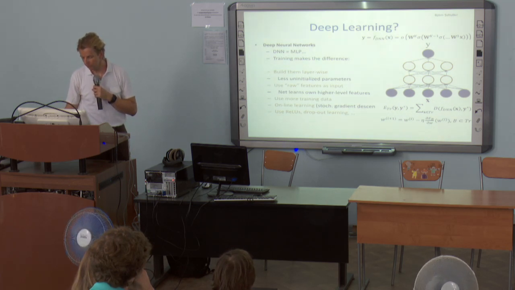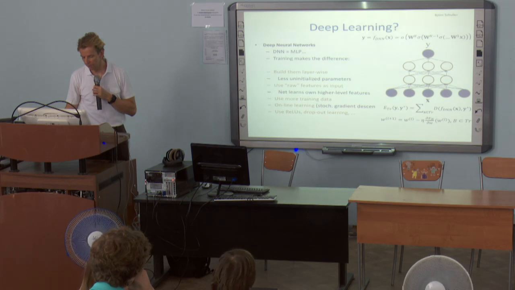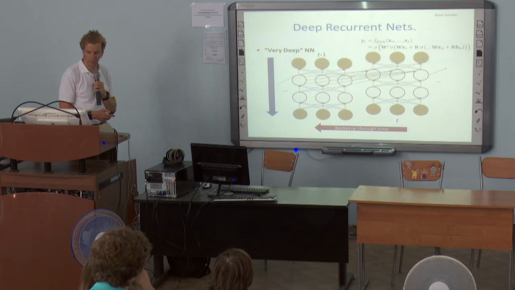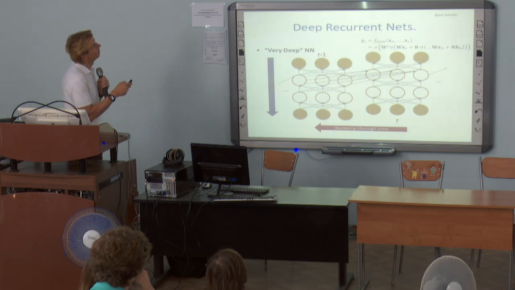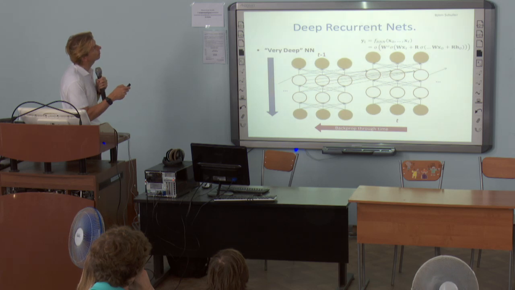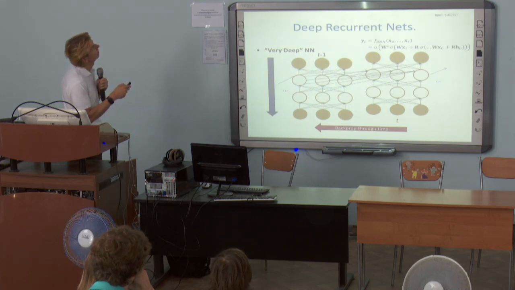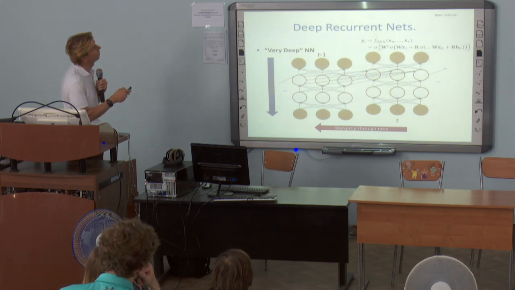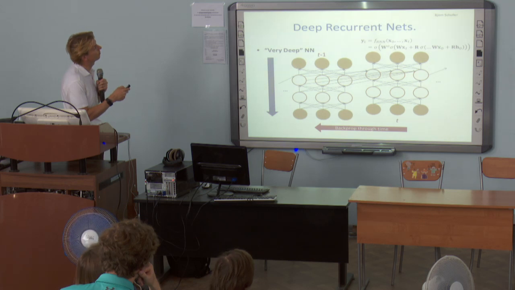The next thing to consider will be rectified linear units and dropout learning, but let's just mention that we can also combine, of course, the ideas of recurrent neural networks and stacking layers. So this would be a deep recurrent neural network in the sense that you have not one layer, but several recurrent layers stacked above each other.